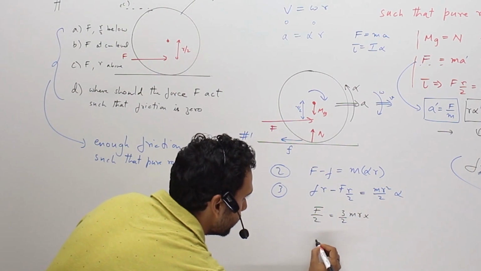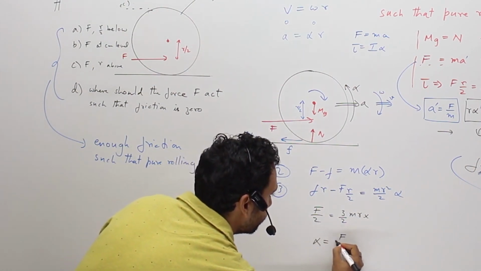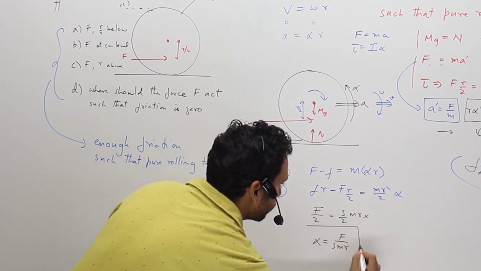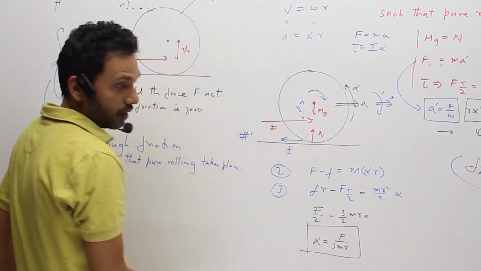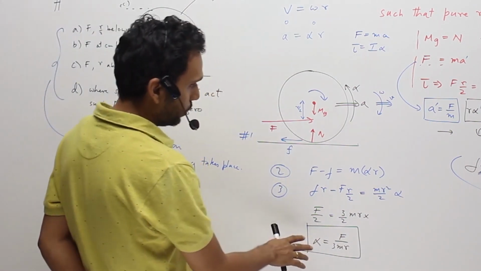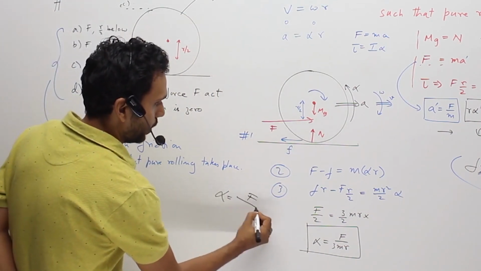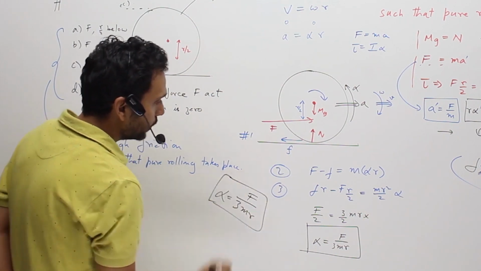So that's your alpha. Alpha is equal to F by 3 MR. That's your answer. I hope it is in the frame, so I'm just speaking it out. Alpha is equal to F by 3 MR.